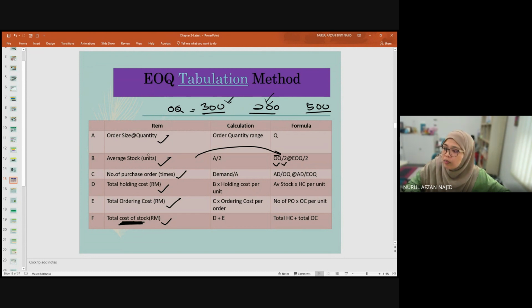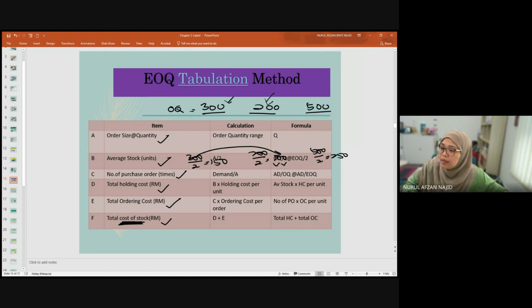So, untuk kira average stock untuk 300, dia akan jadi 300 bahagi 2. 300 bahagi 2 dapatlah 150. Yang ni 200 bahagi 2 dapat 100. Yang ni 500 bahagi 2 dapat 250. Macam tu. So, you kena kira satu per satu. Panjang sikit lah jalan kira dia berbanding dengan formula method tadi tu.